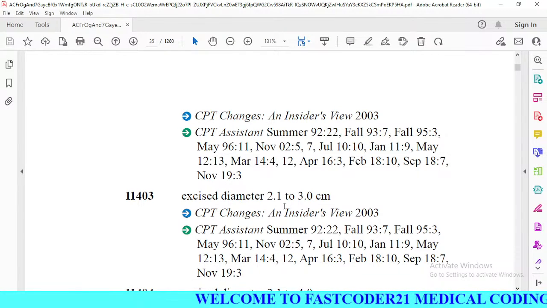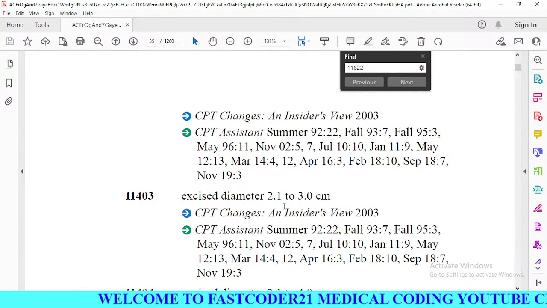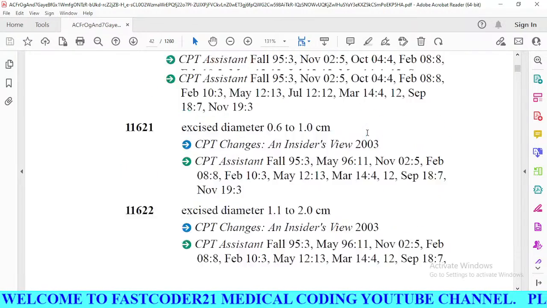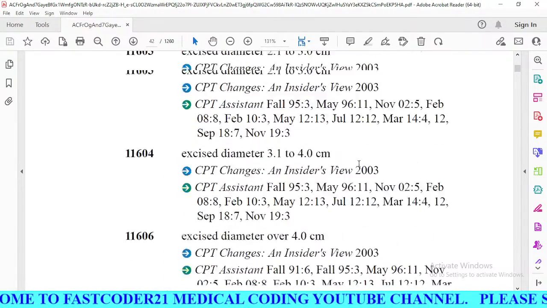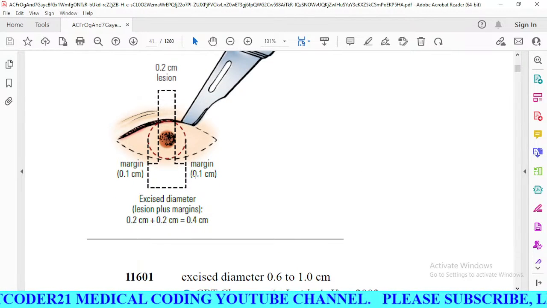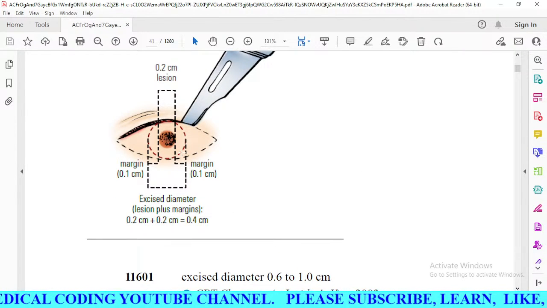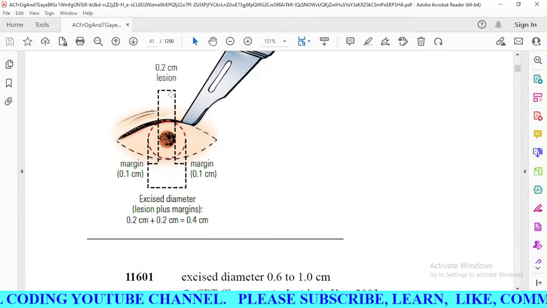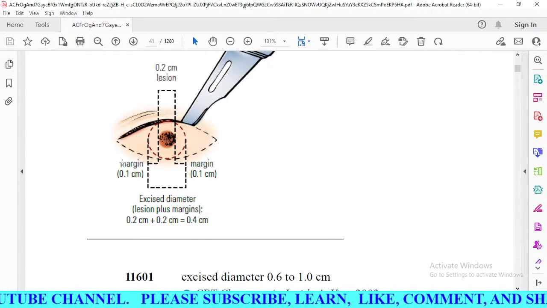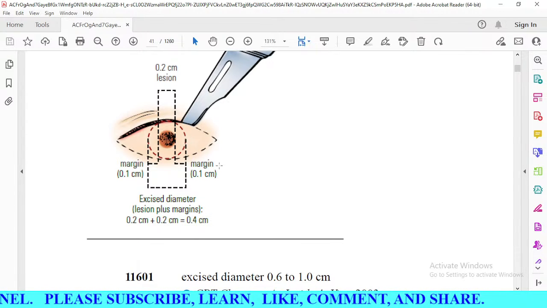We can check here. This is the lesion size, 0.2 centimeters. If you see here, singular margin and this one margin.